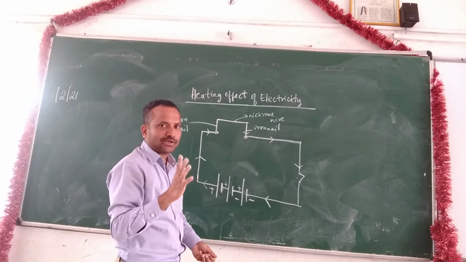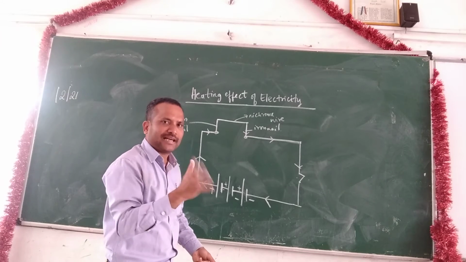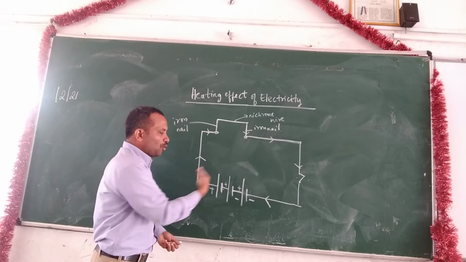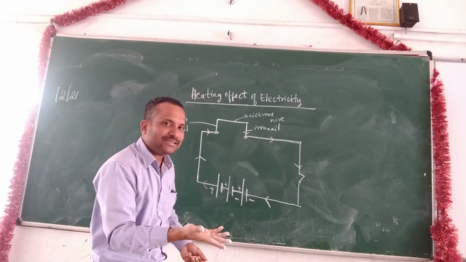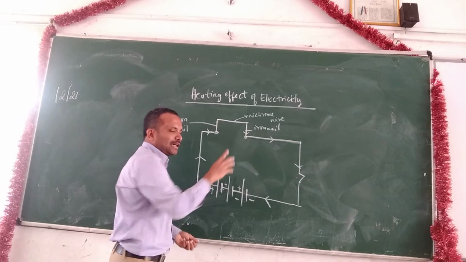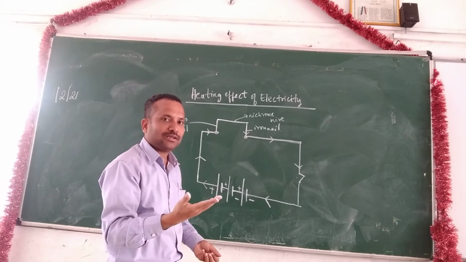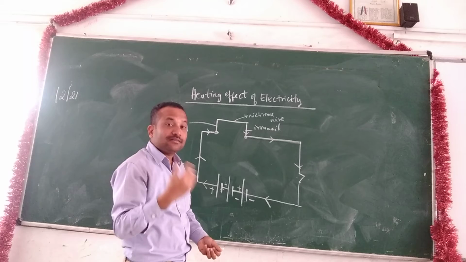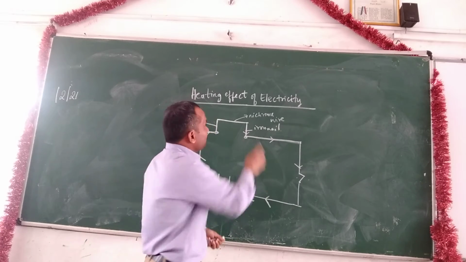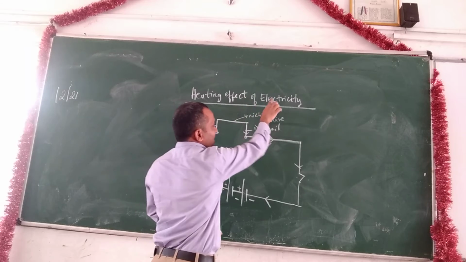These 3 cells we can call the source of current. The more the cells, the more the voltage, the more the current, and it becomes more hot. This hotness is called the heating effect of electricity.